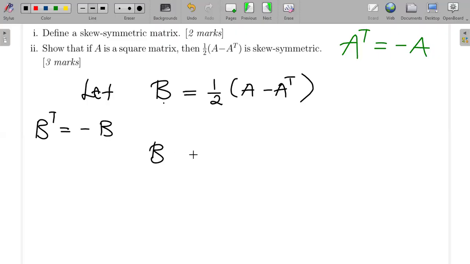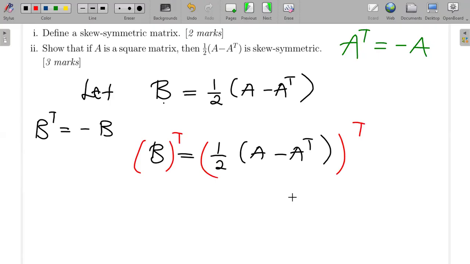I hope you remember the properties of a transpose. If B is equal to this, I'm going to apply a transpose on both sides. So the left side will just be B transpose, and on the right, the transpose goes to the 1 over 2. This 1 over 2 is a scalar, a number, and the transpose of a number is just the number itself, so I'll just write 1 over 2.